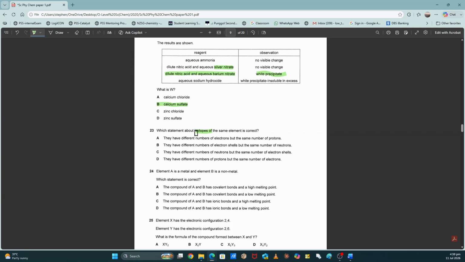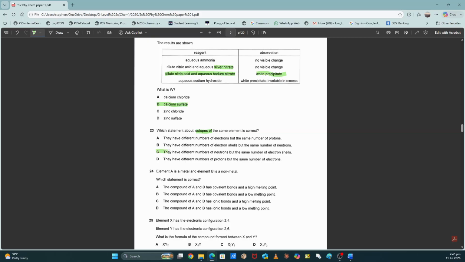Okay, let's look at this question. I think they must have the same number of protons, right? Isotope means same number of protons but different number of neutrons. But I don't think I can find an answer here saying that they have the same number of protons.